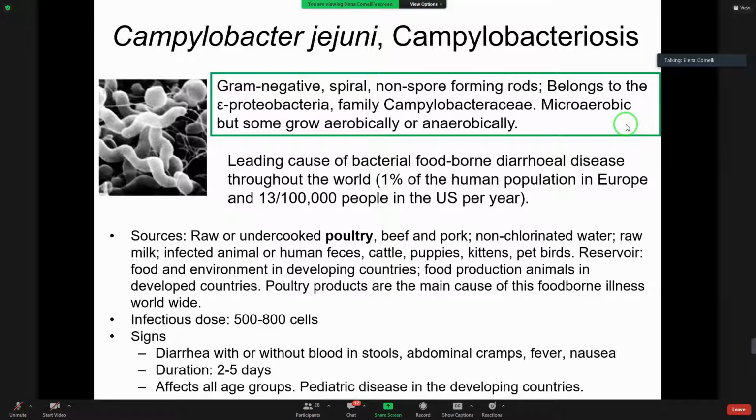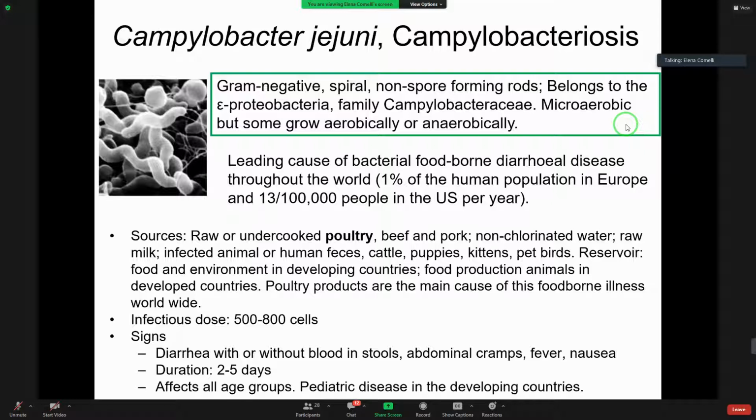It is typically found in foods like raw or undercooked poultry, beef and pork, non-chlorinated water, raw milk which has not been heat treated or filtered, infected animal or human feces, cattle, puppies, kittens, pet birds, and the reservoir is food and environment in developing countries and food production animals in the developed countries. Poultry products are essentially the main cause of this foodborne illness worldwide.